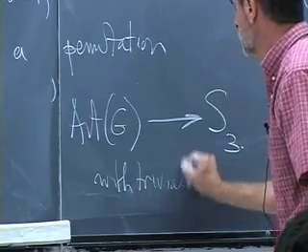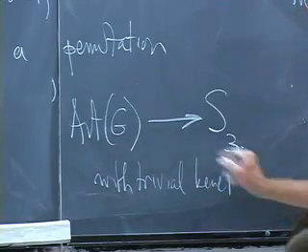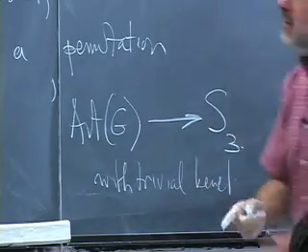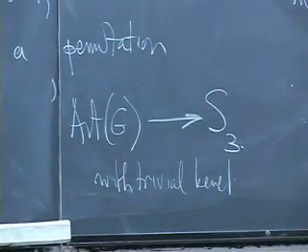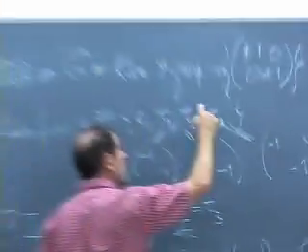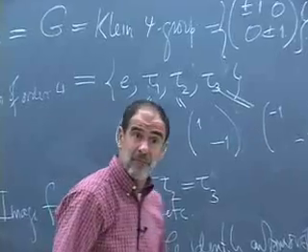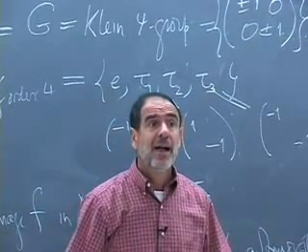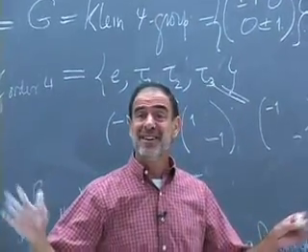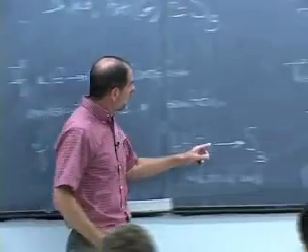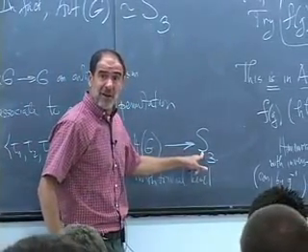Because if I go to the trivial permutation, then that means that the automorphism takes tau 1 to tau 1, tau 2 to tau 2, and tau 3 to tau 3. Okay? And my assertion is that this has full image. The image is the symmetric group on 3 letters.